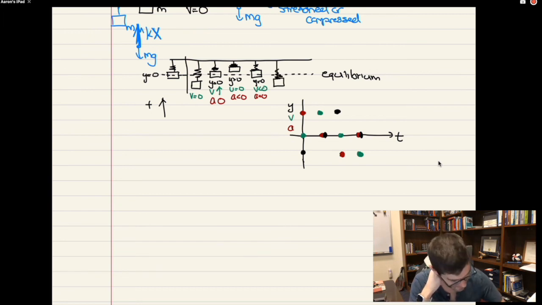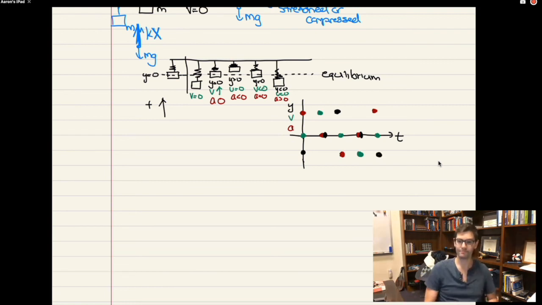Now it gets back to this point where y is negative. V is back down to 0. It's at its lowest point. And the acceleration is back to being positive again. So at this final point, I would say positive acceleration, 0 velocity, negative position.